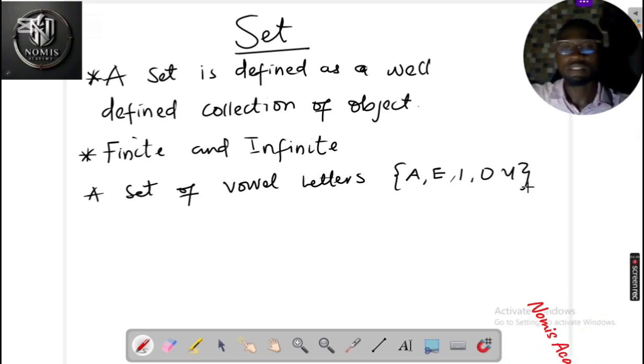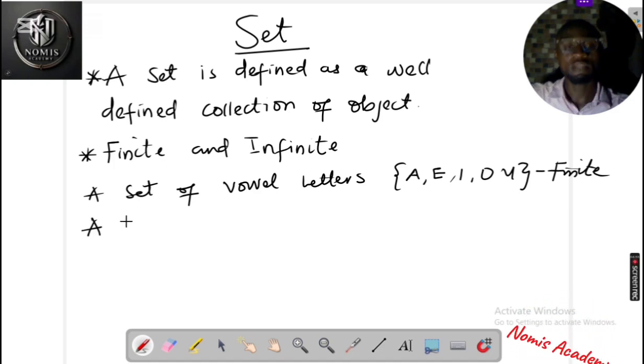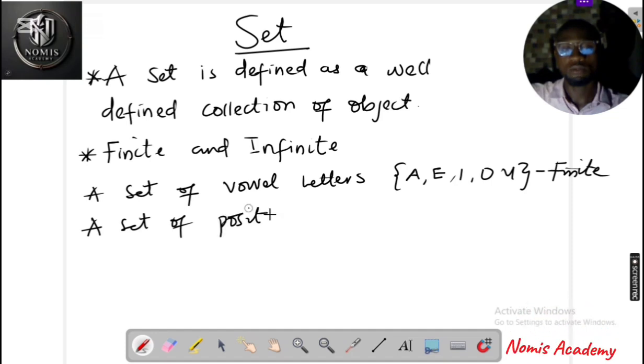So this is a finite set. Now when we talk about an infinite set, it is a set of which the members are endless. Let's take for instance a set of positive integers.